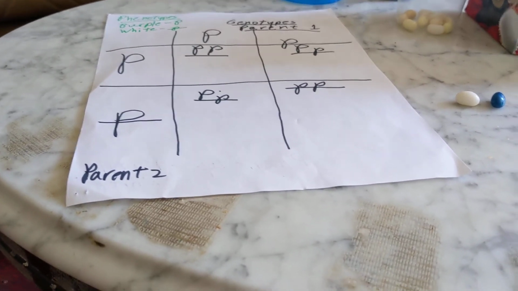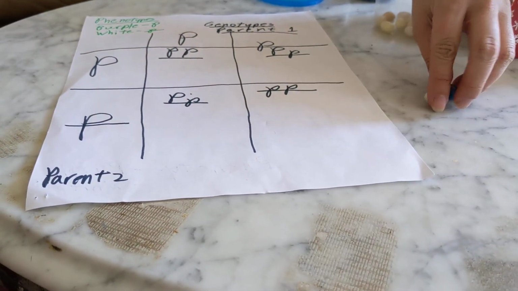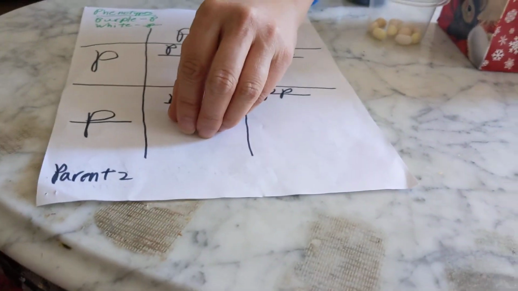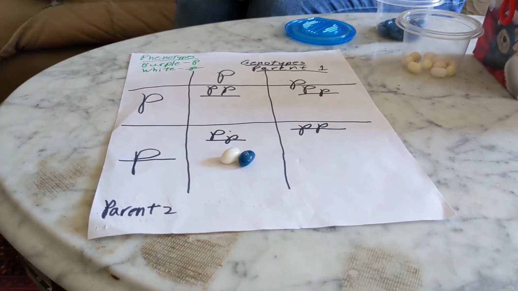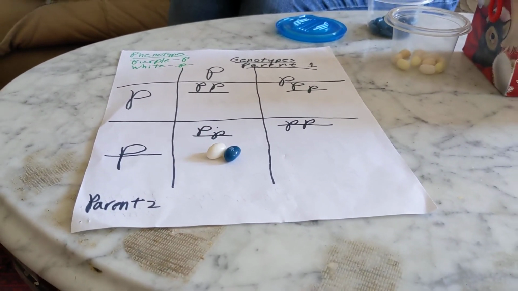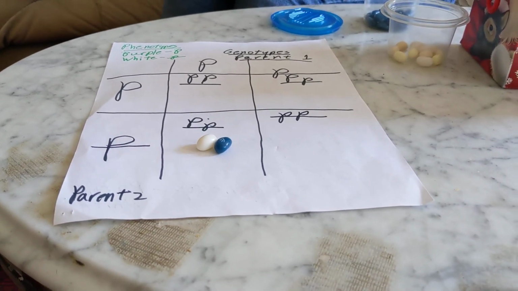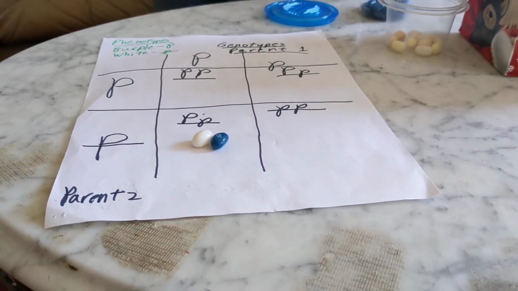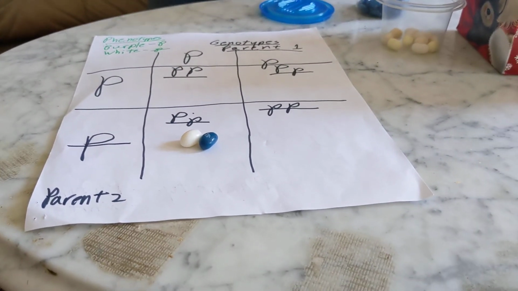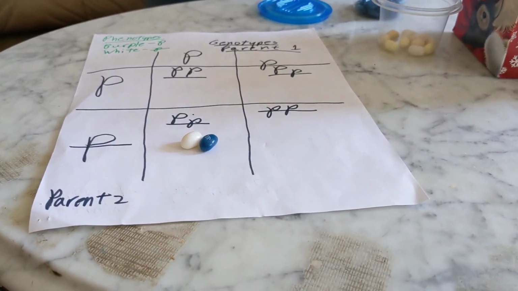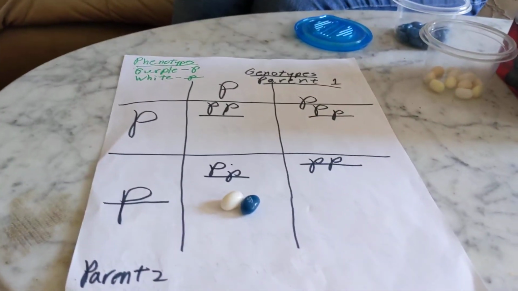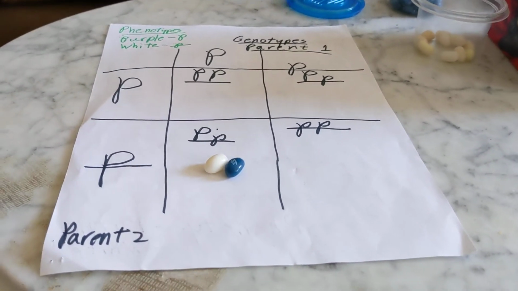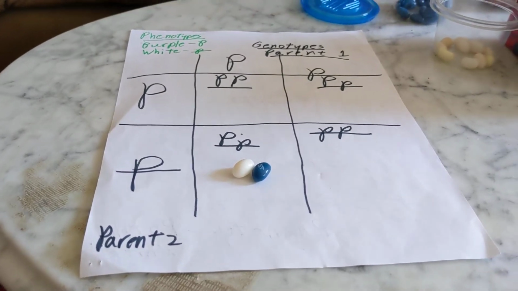But because the allele for purple is always dominant to the allele for white flowers, you're going to see roughly 3/4 of the offspring have purple flowers, whereas only about 1/4 of them will be white flowers. And so you could actually represent this through a Punnett square.